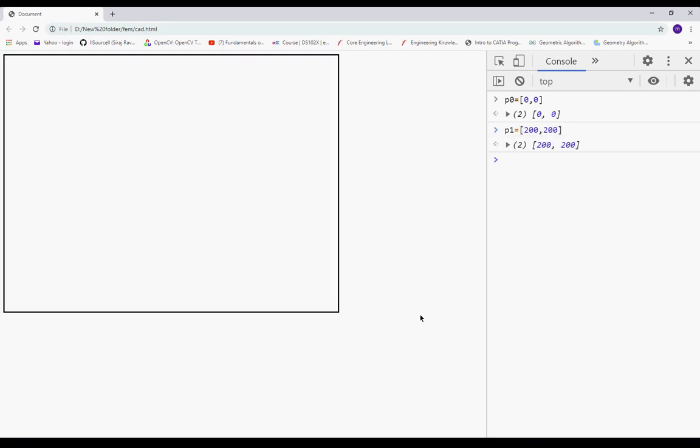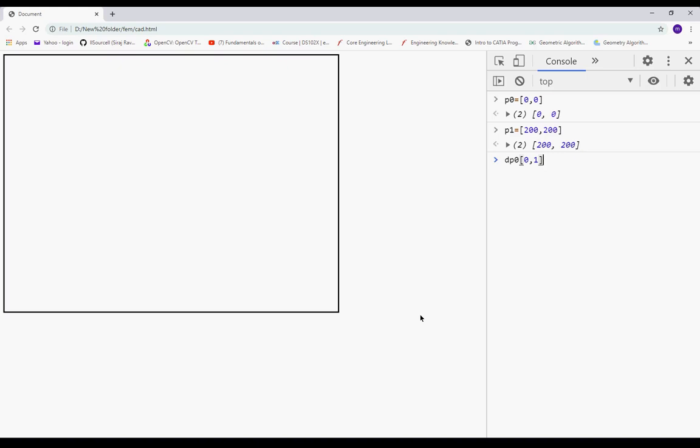So this is my point, and let's say the tangent vector dp0 will be, let us say, 0, 1. So 0, 1 means there is no x available, only y is available.